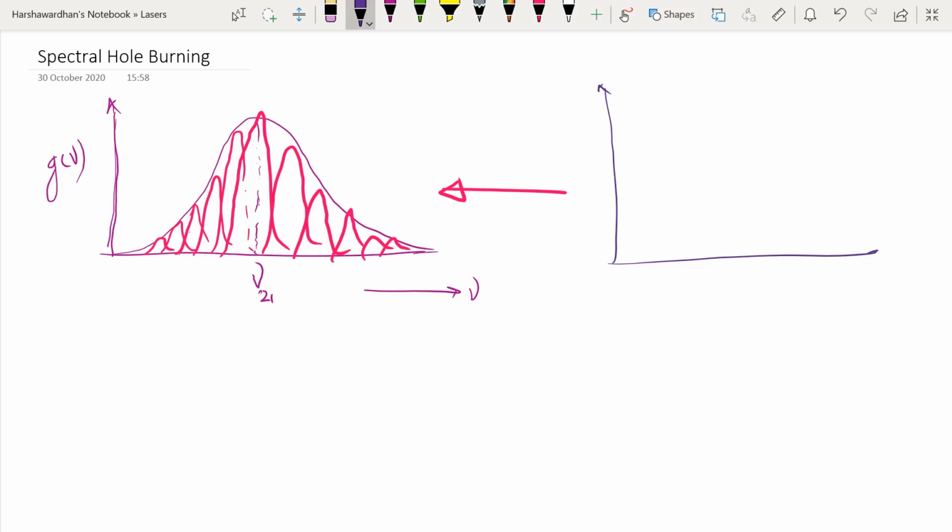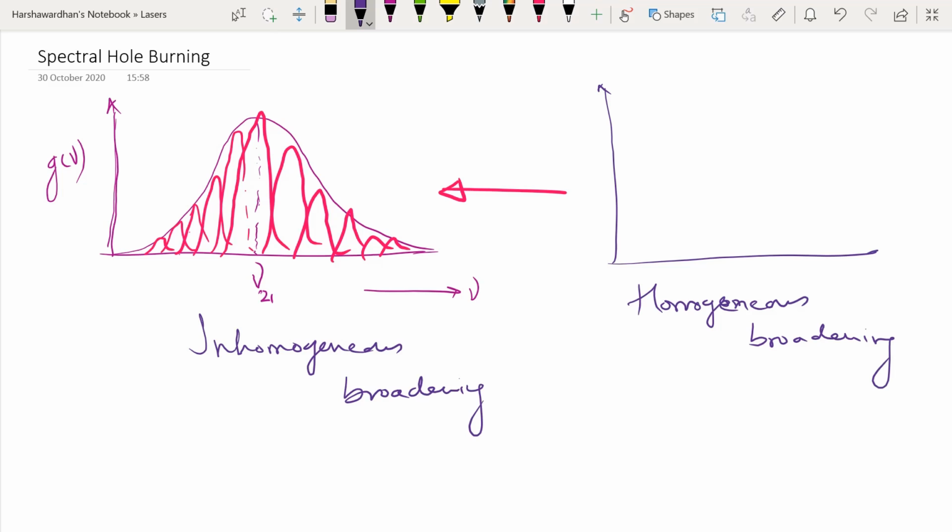So this I am calling inhomogeneous broadening. In the homogeneous case, what you have is a spectrum which is identical for every atom. So this spectrum is identical for the whole collection of atoms, right?